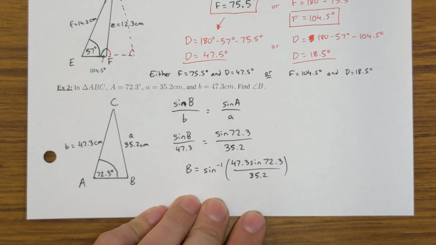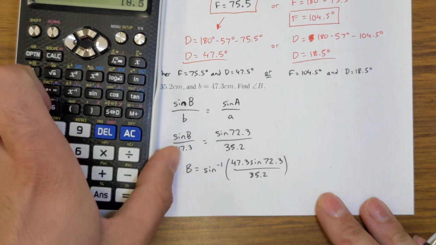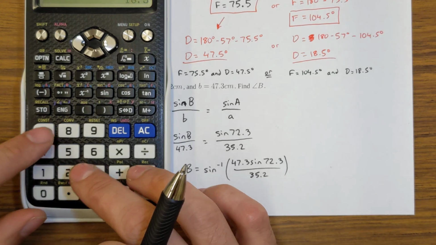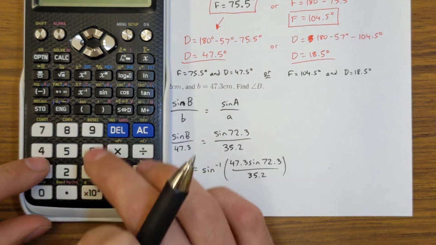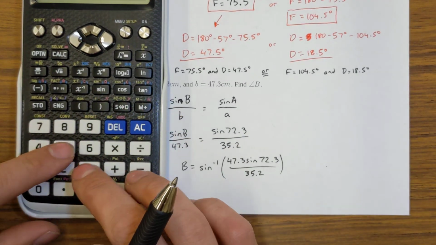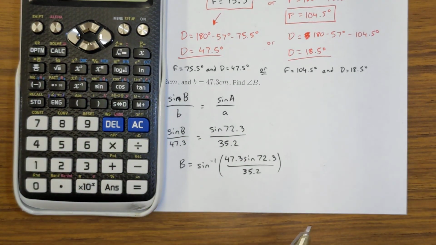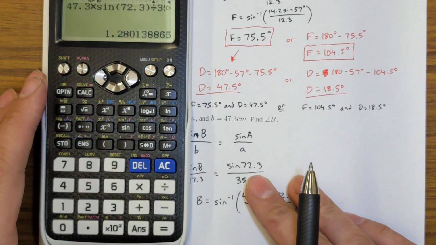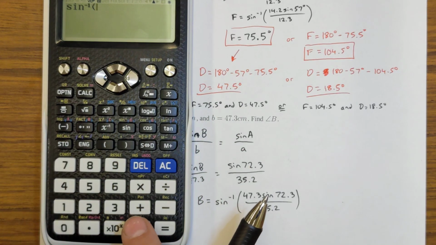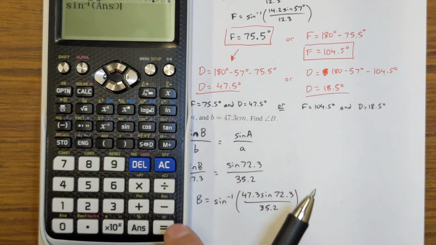We'll plug that in our calculator: 47.3 times sine of 72.3 divided by 35.2. Another option on your calculator is the answer button. I need to take the sine inverse of that previous answer.